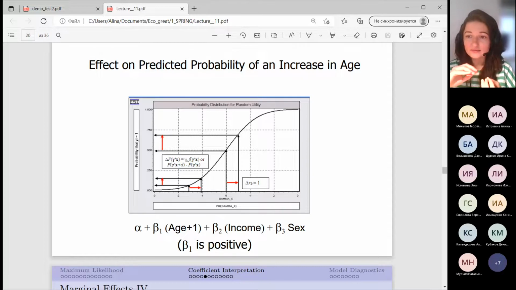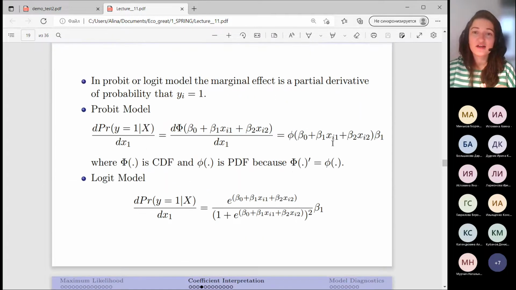It means that the marginal effect in the probit and in the logit model depends on the value of X. This example is a very good illustration. Let's again take a look at these expressions.